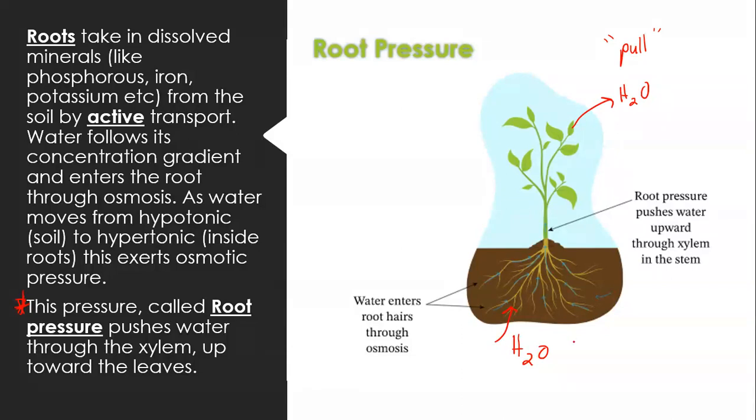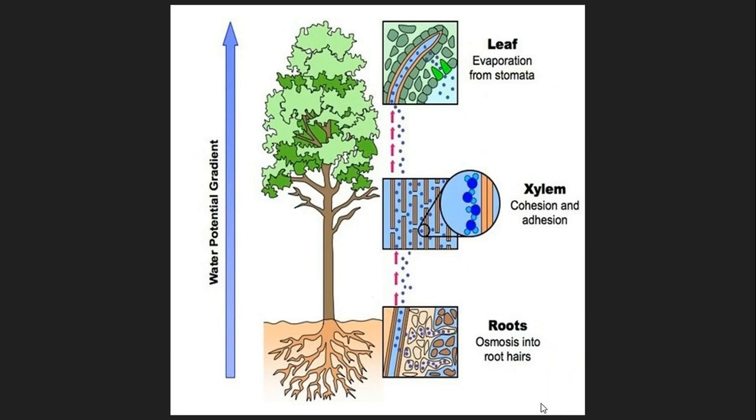Transpiration pull. This is a push through root pressure. So we have water being pushed in the bottom and pulled out the top, and this allows water to travel from roots to leaves, okay, through the xylem. Okay, so there's a number of forces at play here.